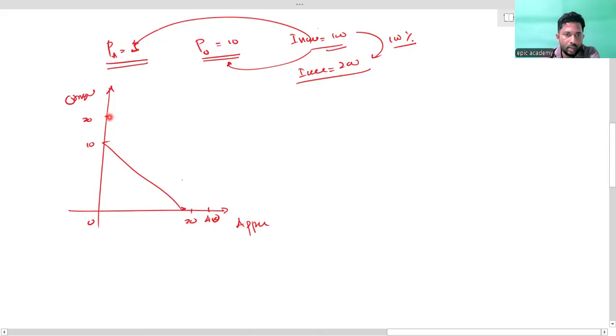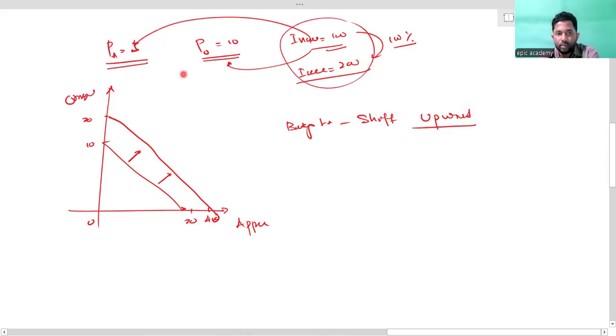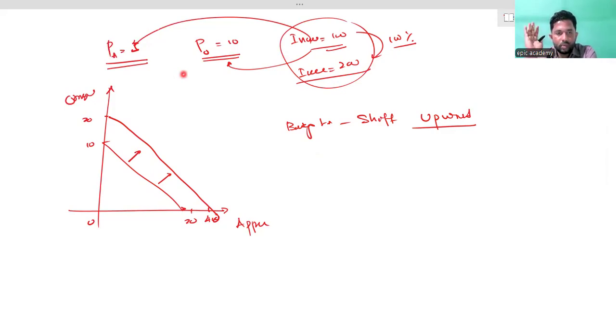So now you can identify the budget line shifts upward. Why? Because of the income increase.